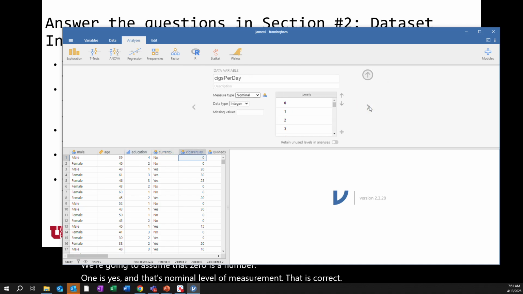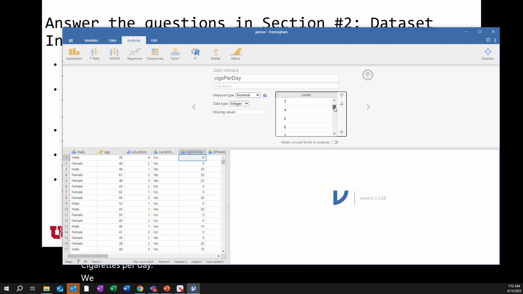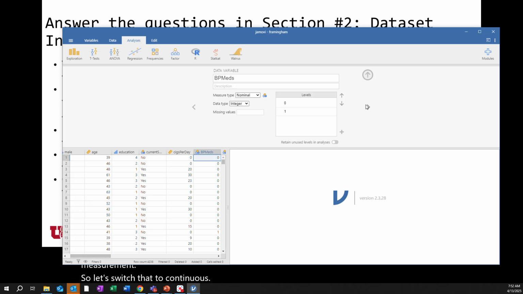And cigarettes per day, we have a number of different levels here, and we're going to count that as a ratio level of measurement. So we'll switch that to continuous. Blood pressure meds, we have 0, 1, so we'll say 0 is no, 1 is yes, they're on blood pressure meds.